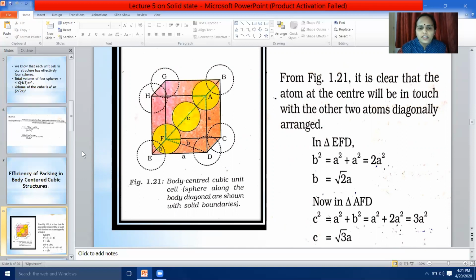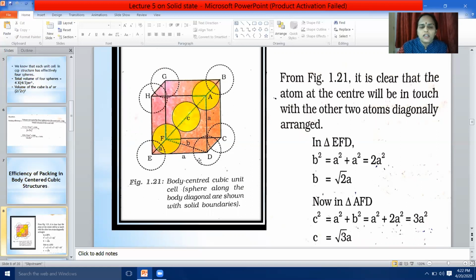You can see those 3 yellow spheres in contact with one another. So when you look at the triangle EFD, here ED is equal to a, EF is also equal to a, and FD is equal to b.